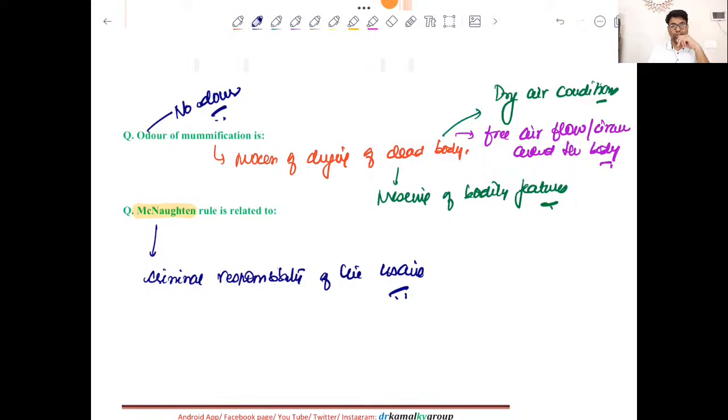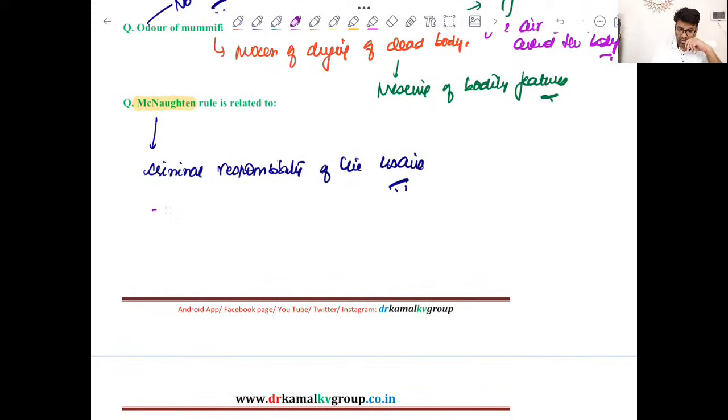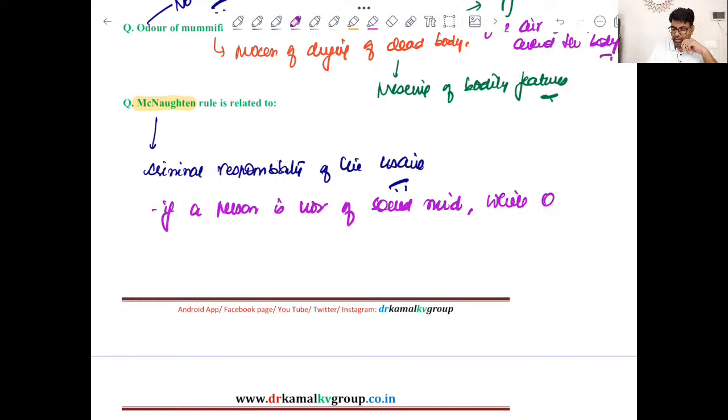That is what is addressed in McNaughton's rule, which relates to the criminal responsibility of the insane. It says that if a person is not of sound mind, we use this word sound mind, while committing the crime, so as to ascertain the nature of that crime, he cannot be held guilty.